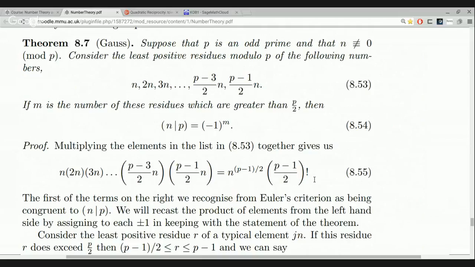Well, 5 is already reduced. 10 is already reduced. Now we actually start reducing. 15 is 2 modulo 13. 20 is 7. 25 is 12. And 30, what is 30? It's 4, since 30 is 26 plus 4.